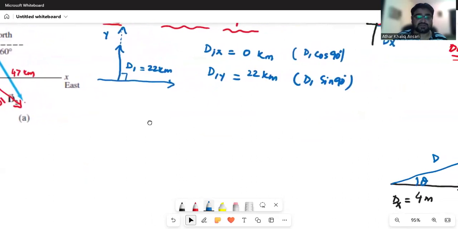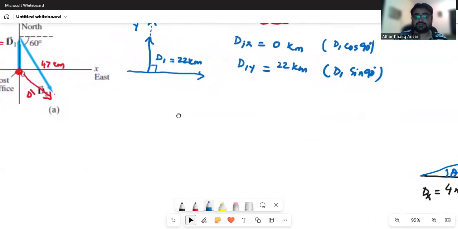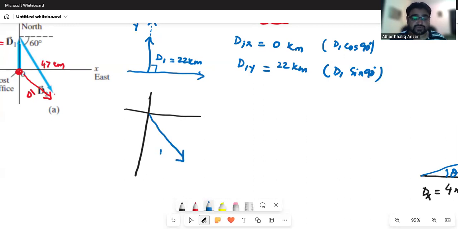In the second vector, if you look here in the diagram, it looks like this one. If I try to draw, this is the x-axis and this is the negative y-axis, and the second vector is in this direction. It starts from here till here. So this is your D2. In this D2, you have two components.